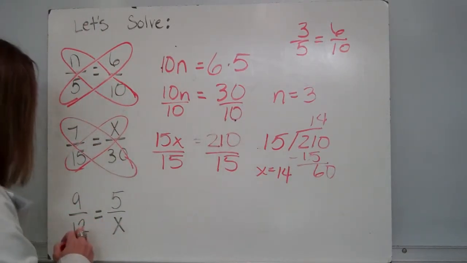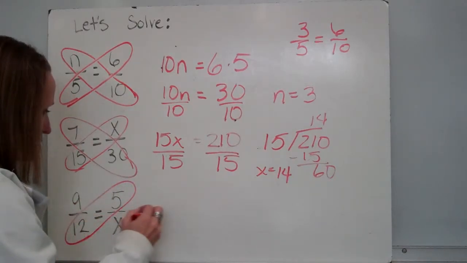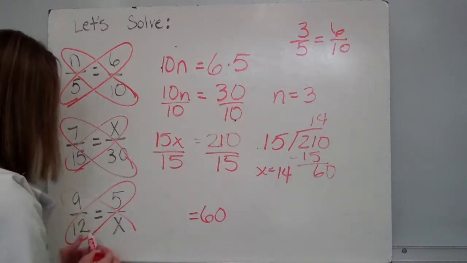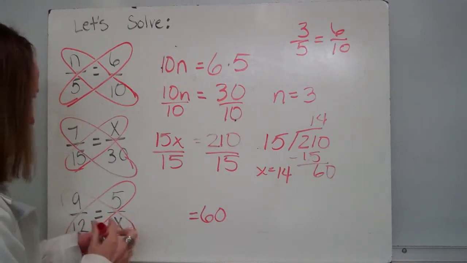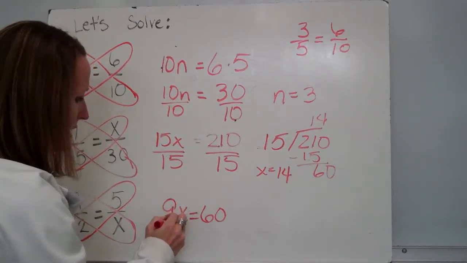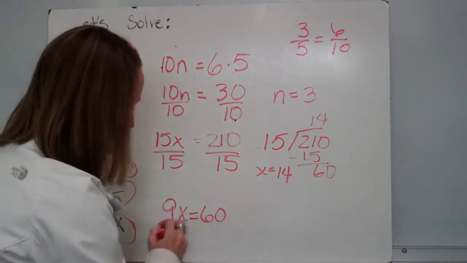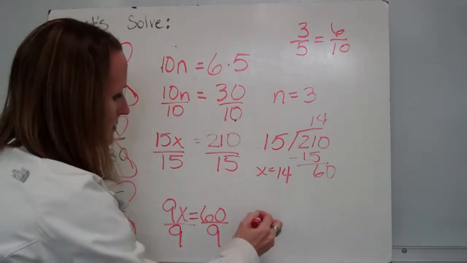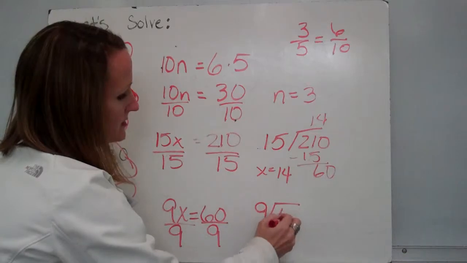All right, what about this one? 12 times 5, that's going to give me 60 on one side. I'm going to get 9x on this side. So when I divide both sides by 9, 9 goes into 60.